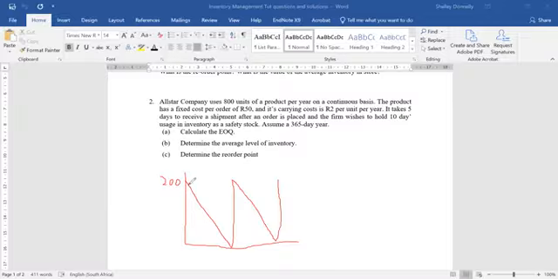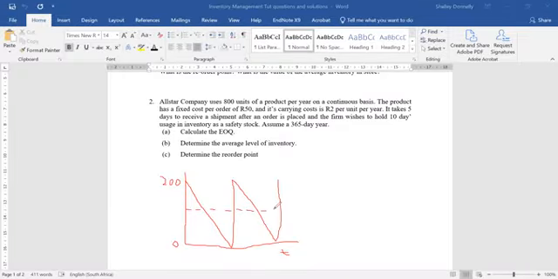Over time, would you agree? So this is time, and this is number of units here. If every time they order, they get 200 units in, and then it drops down gradually to 0 and then up to 200 again, would you agree that your average level of inventory is always going to be what?